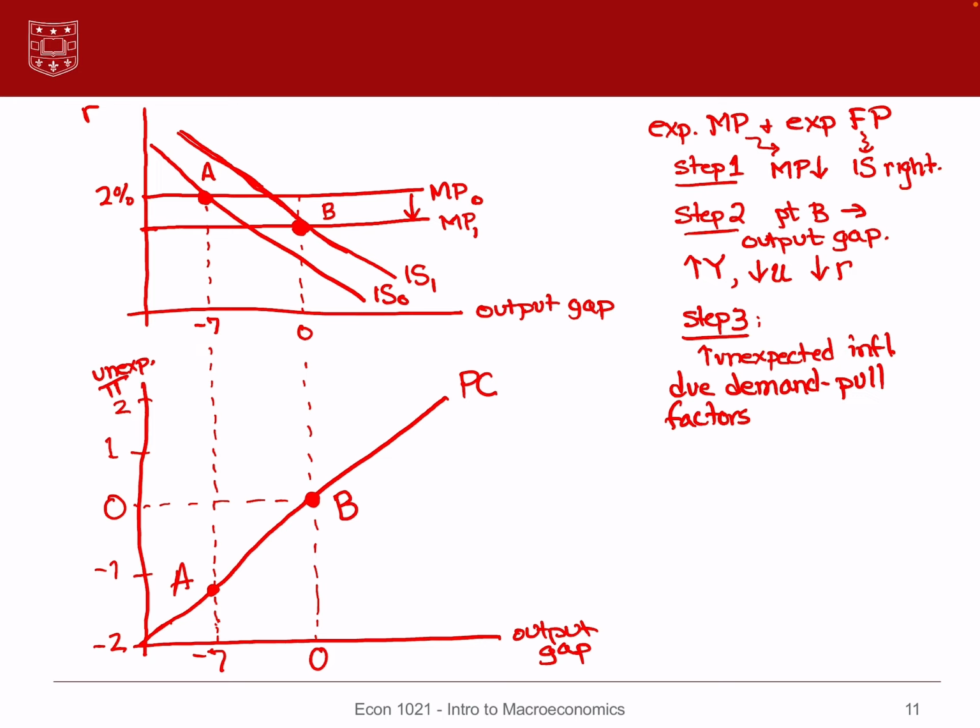And at point B, of course, the actual rate of inflation is just the expected rate of inflation because we have full employment. And so if our starting point was that expected inflation was, say, 1.5%, then that's where we are with actual inflation.